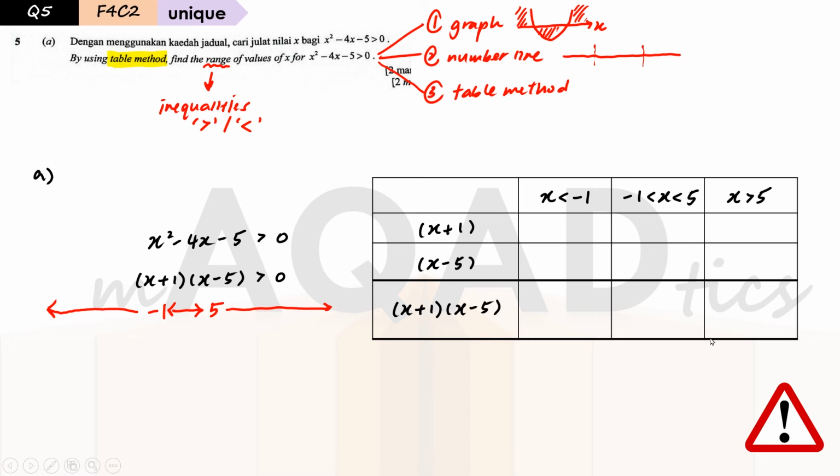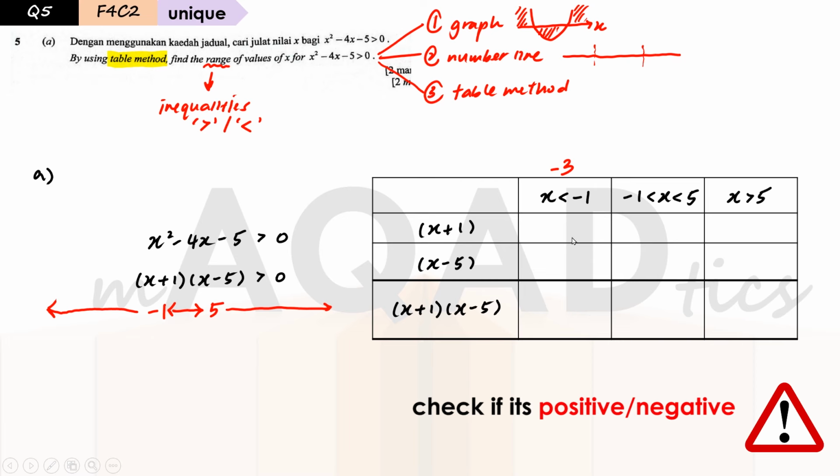Let me use the first possibility of x as an example. Let me choose a value which is less than negative 1, let's say negative 3. We are going to substitute the value inside each of the rows to see whether it is positive or negative.